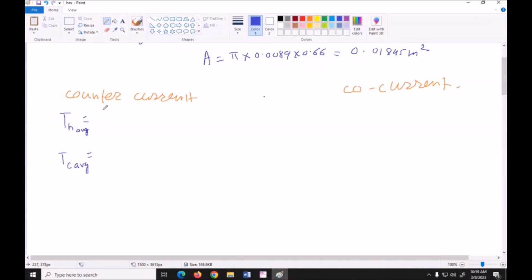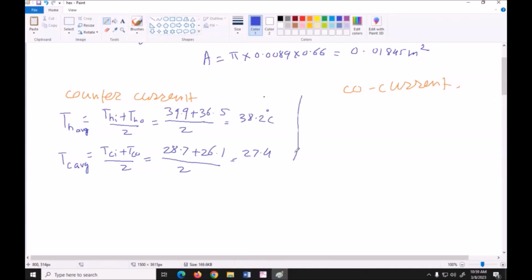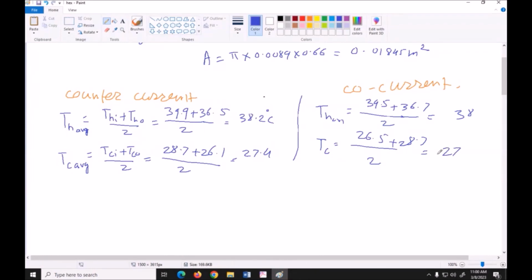For counter current, T average is (THI plus THO) by 2, and here (TCI plus TCO) by 2. We'll get approximately 38 and 27. No need to calculate; there is no change in the average temperature for counter current.